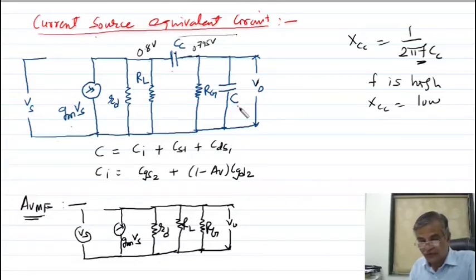So whenever we are doing the analysis at high frequency, this is to be considered and this is to be neglected. For the cascade and common source amplifier, you have to consider C, but this is not considered.